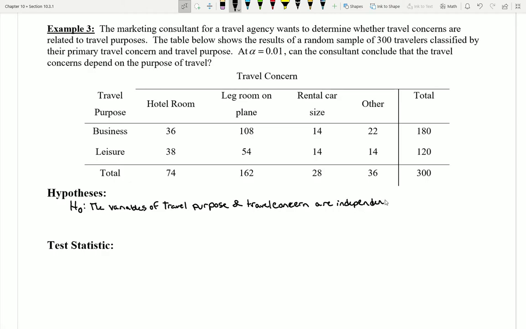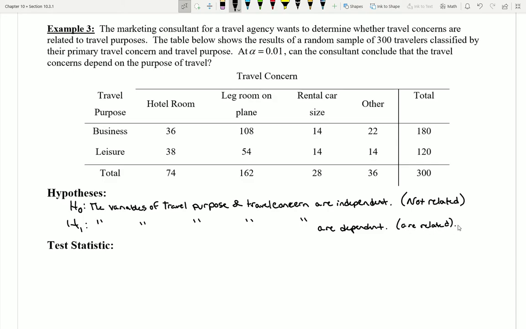Remember that H0 is always going to state independent, indicating that these are not related. So H1 is going to state pretty much the exact same thing. So I'm just going to put these quotes here indicating that I'm writing everything the same, except that we're going to end with that these things are dependent, that they are related.